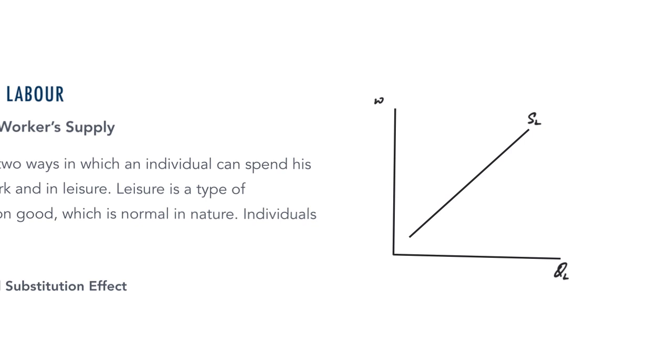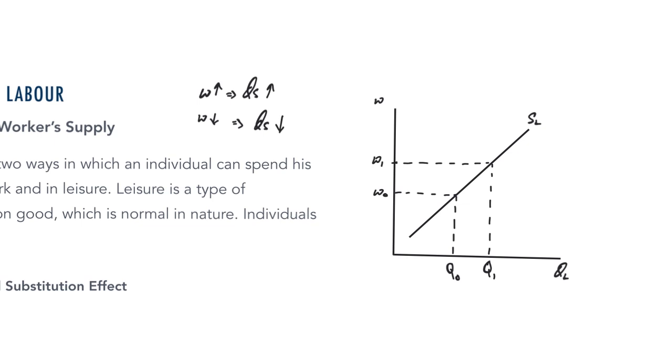So, what you are aware of is that when the wage rate goes up, an individual worker is willing to supply more hours, isn't it? When wage goes up, the quantity supplied for labor goes up. When wage goes down, then quantity supplied for labor goes down. Okay? So this is something that we've already dealt with.